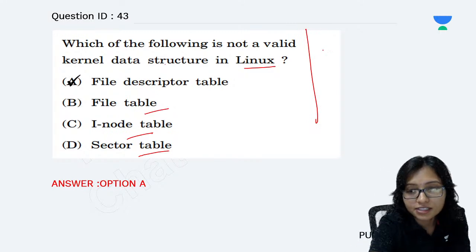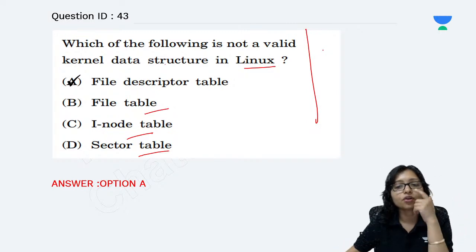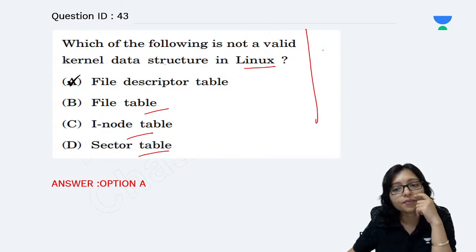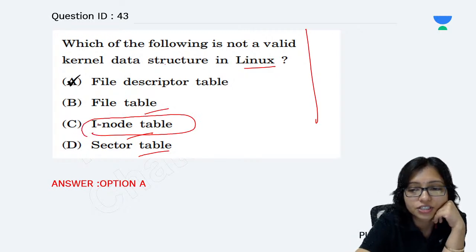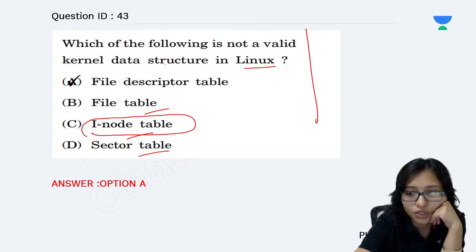The kernel data structure is an organization of a lot of information, and here the process inode, so definitely they are in the kernel. In the kernel data structure, inode is definitely there. The file table will also be there.